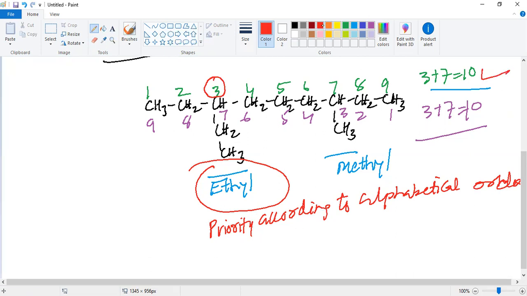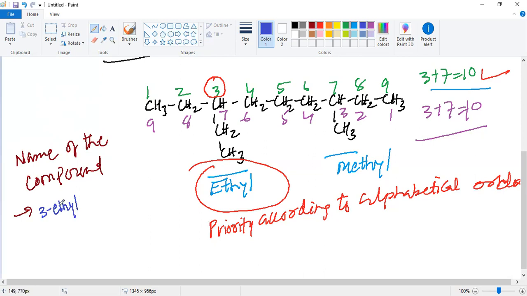And thus, my dear students, we can write the name of this compound as 3-ethyl 7-methyl nonane. So the name of the compound is going to be 3-ethyl 7-methyl nonane.